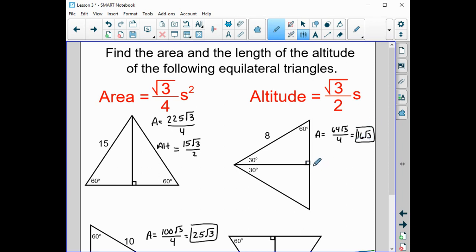And then finally, your altitude for this guy. The formula tells us to take the side length of 8, multiply it times radical 3 over 2. And as I do that, the 8 and the 2 are going to reduce. So I end up with a final answer here of 4 radical 3.